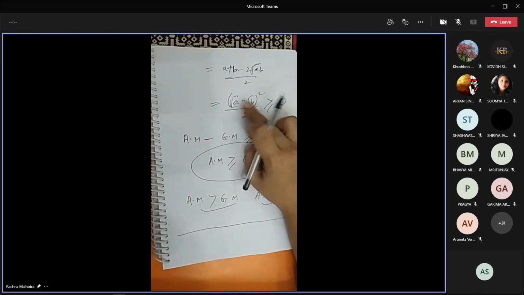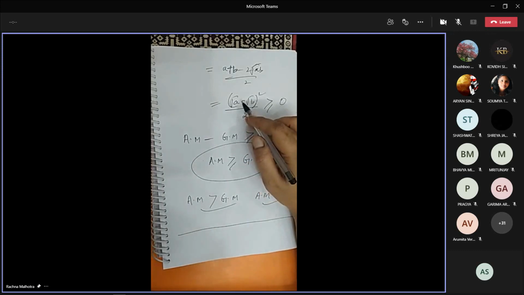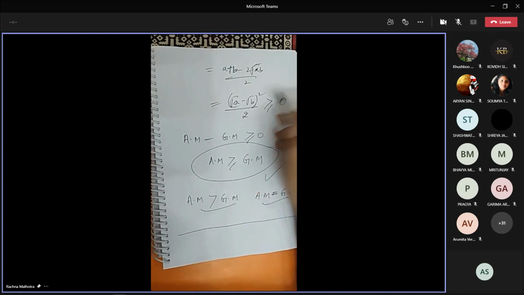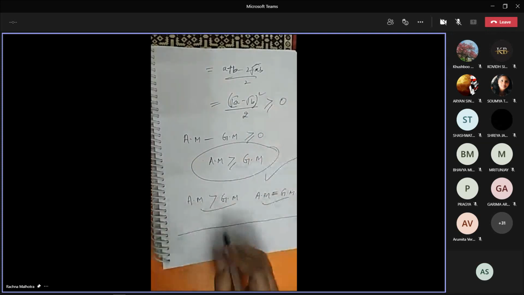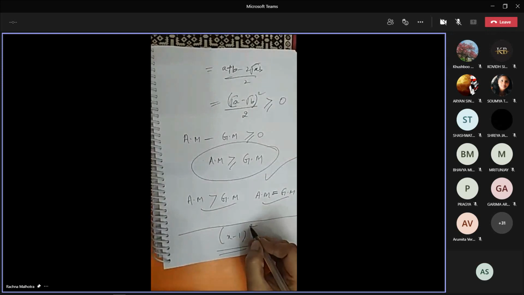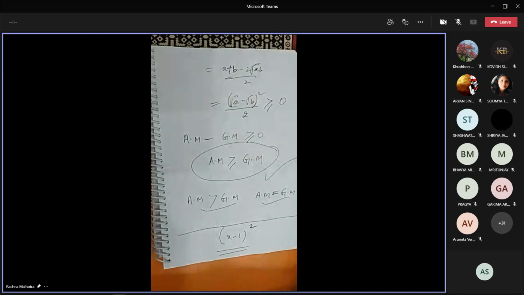If A and B both are the same, हम एक possibility ये भी लेकर चलते हैं कि अगर A B same हो जाए, so you can put here B also, B minus B. वैसे भी किसी का square, if I write this one, what are the possibilities for this square? Because in the given I have not written that A and B are two different numbers. I have just written these are positive.